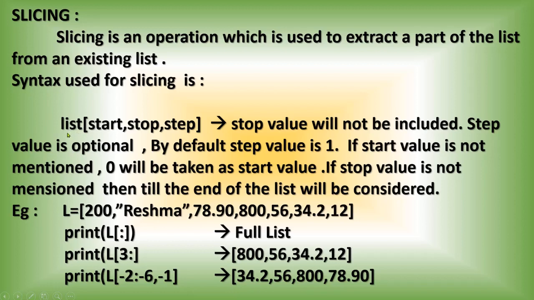First, see the syntax: list, start, colon, stop, colon, step. There are three arguments inside the bracket. It is not comma, it is colon.